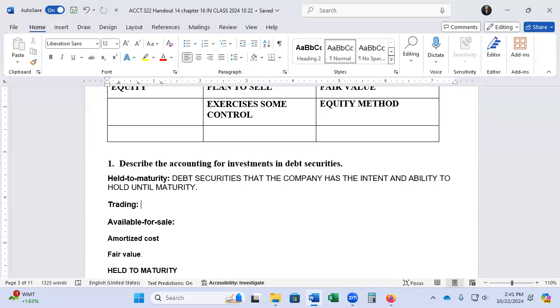Trading securities, or trading debt securities, are bought and held for sale in the near term. And why are they doing that? They believe that those investments will earn them more than just keeping it in a bank account.